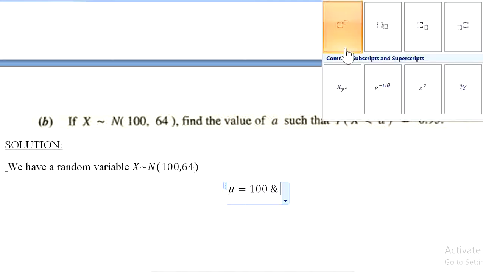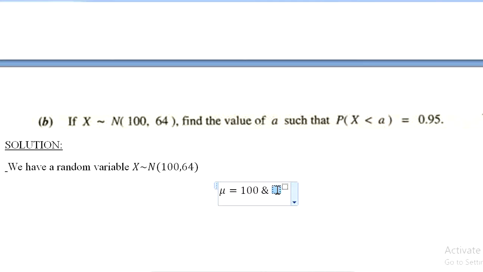So girls, how do I know that this is the value of sigma square, not sigma? This is 64. If you see it's 64, the square of something, that is 8. So when you can clearly tell that a number is given in squared form, then it is sigma square.